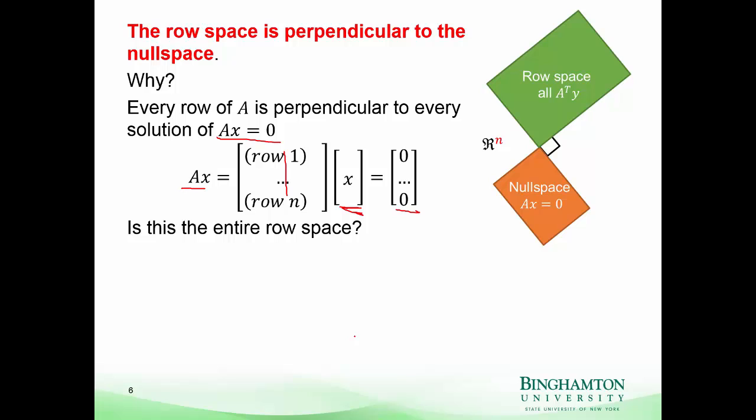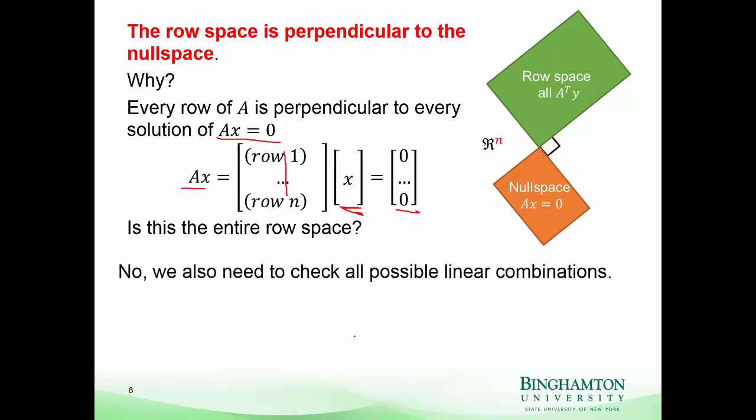Technically, all we've really done is shown that it's orthogonal to each of the rows. And then we can make a word argument that says, well, those rows span the row space, therefore anything in the null space must be orthogonal to anything in the row space. But it's pretty easy to actually show that this is true for all possible linear combinations of the rows.